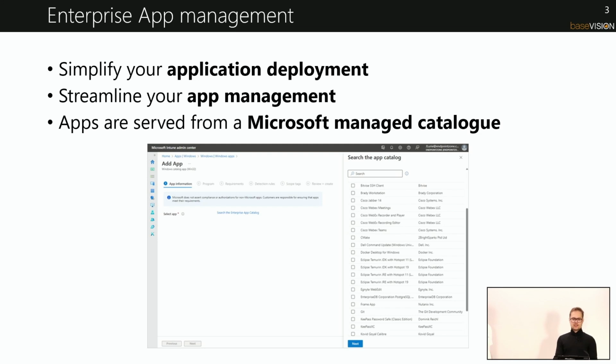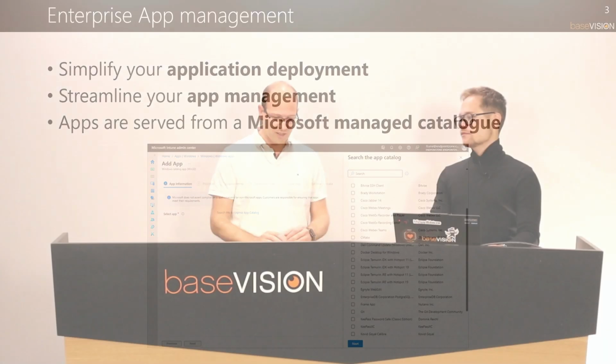Everything is filled in, and you can deploy it or assign it to your devices. Also the update management is easier because applications update themselves, or you can decide to update an application within the app overview in Intune. So that's a very cool addition to patch third-party apps.